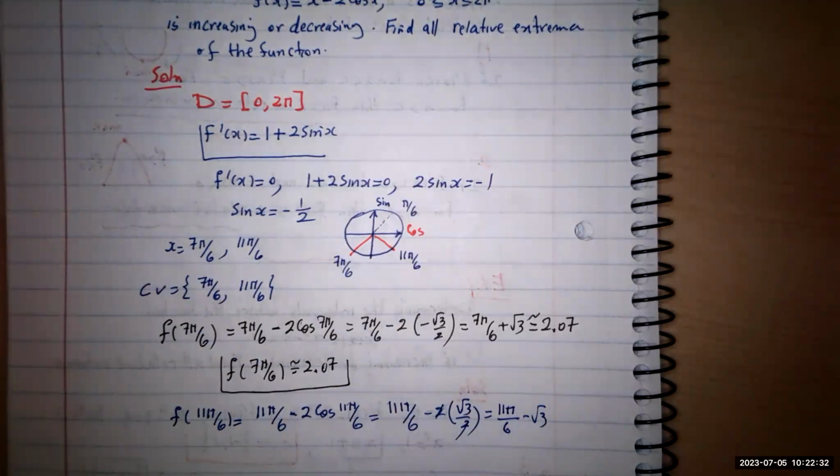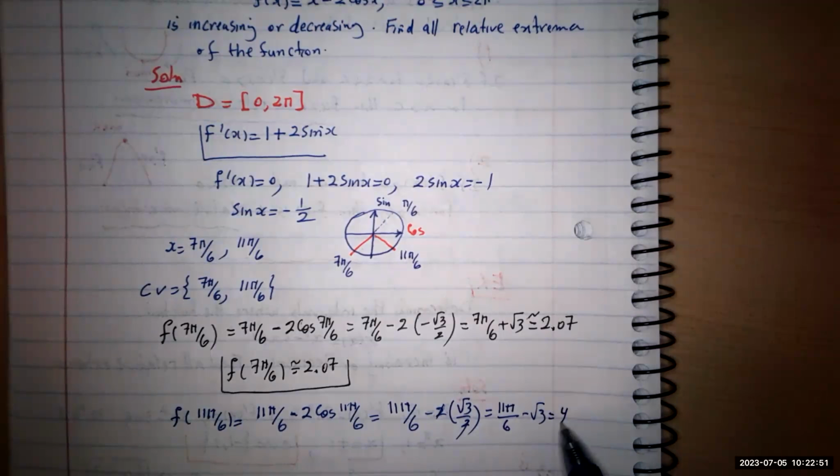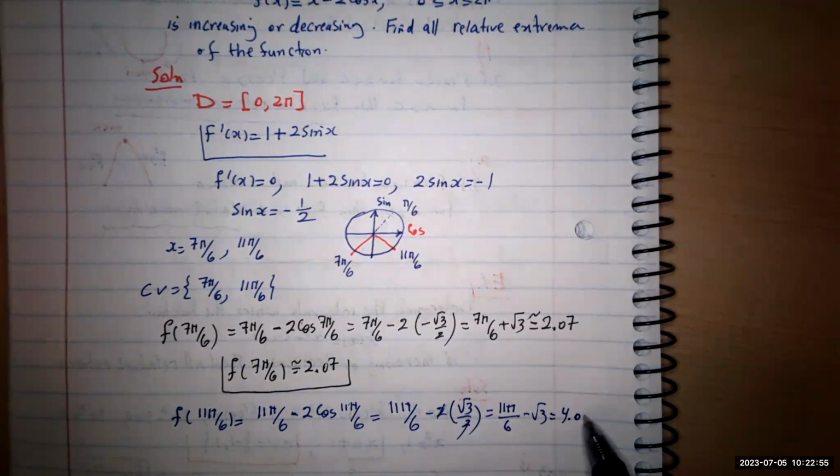Again, use your calculator to get it. It's 11 times 3.14. Then I divide it by 6, then I add minus root 3, it's almost 1.7. I got 4.05 or so.